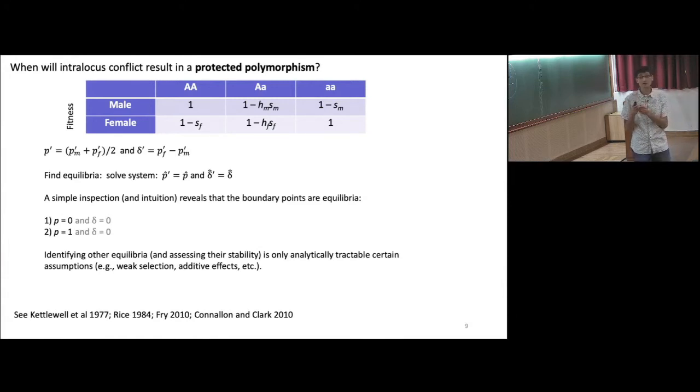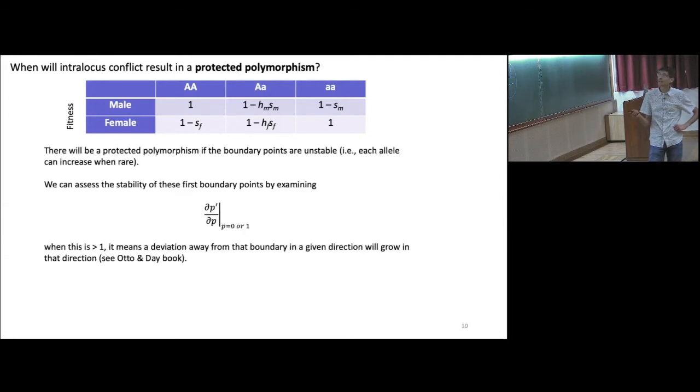Those can sometimes be very difficult to identify, or particularly to analyze the stability of. Although they're analytically tractable if you're willing to make some assumptions, like selection is weak or the effects are additive or something. But we can actually just focus on these two equilibria, which are much simpler, and study their stability.